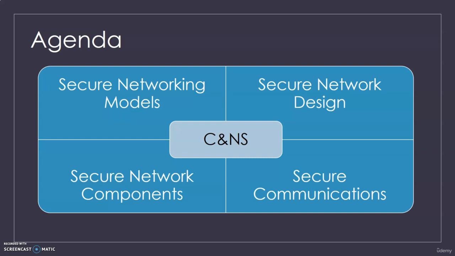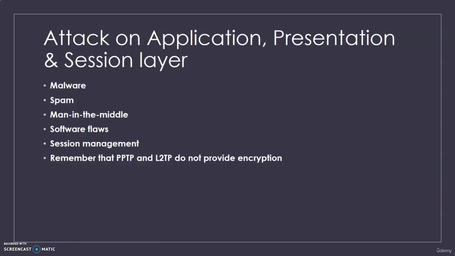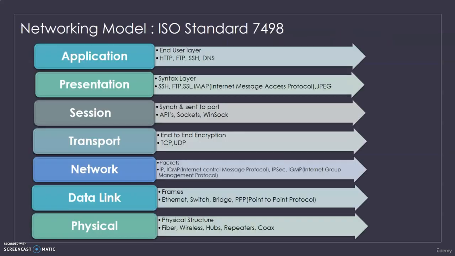First is secure networking models. In this session we'll be discussing this first, the secure networking model. So let's start with it. To understand more about the secure networking models, we'll be referring to the ISO standard 7498. This is a standard that defines the Open Systems Interconnection, that is the OSI model.